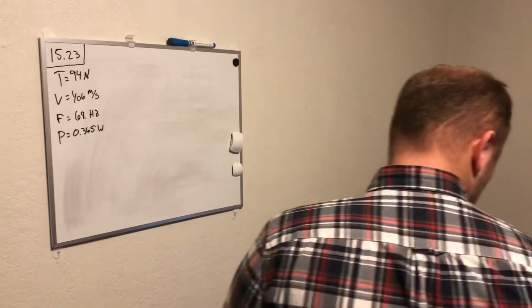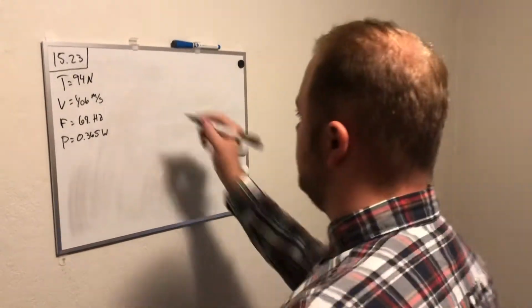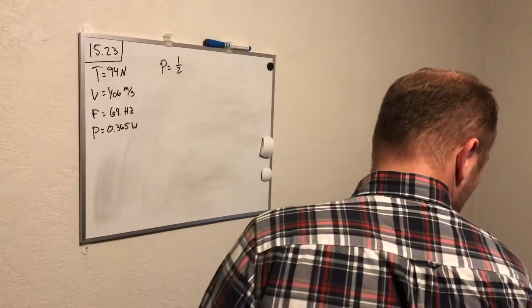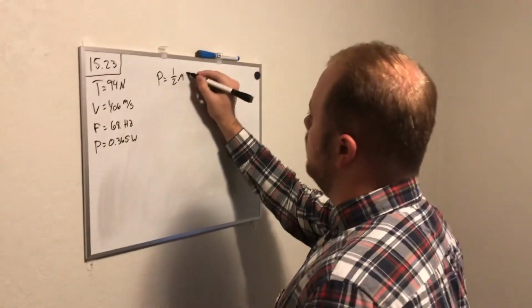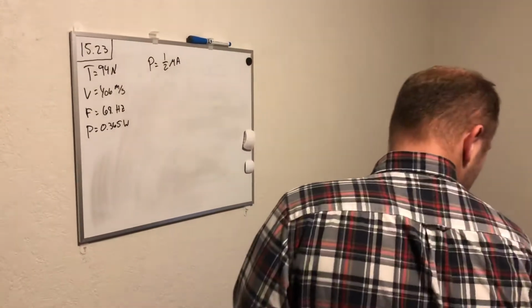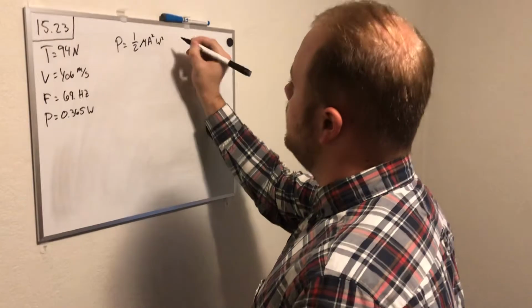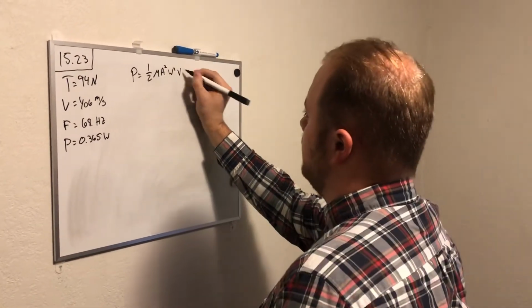So, we know the average power carried by a wave is given by the equation P equals 1/2 times the mass per unit length times the amplitude squared times the angular speed squared times the velocity.